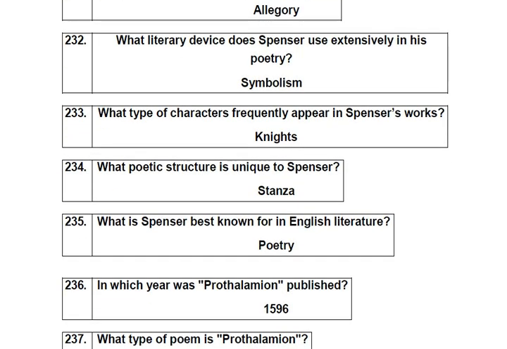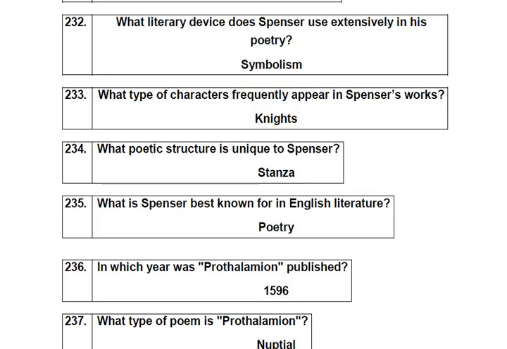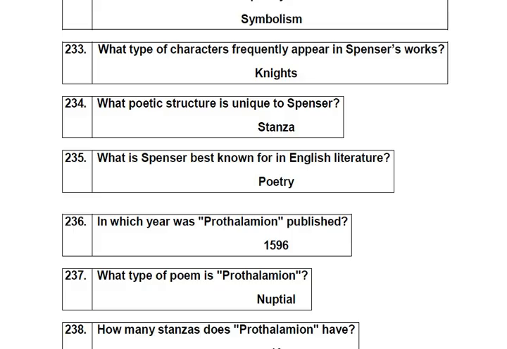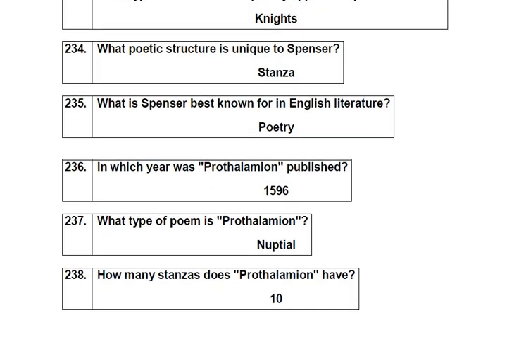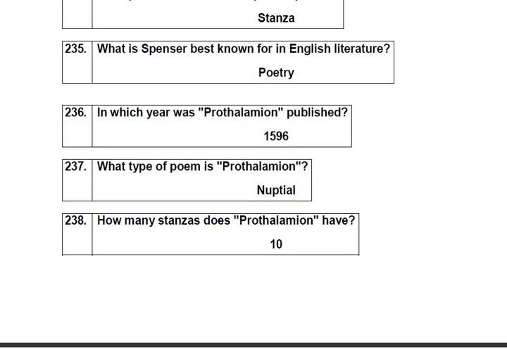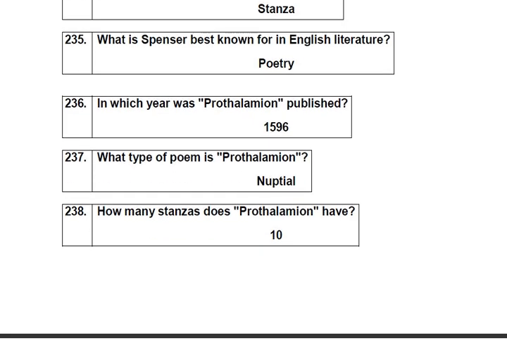What literary device does Spenser use extensively in his poetry? Symbolism. What type of characters frequently appear in Spenser's works? Knights. What poetic structure is unique to Spenser? Stanza. What is Spenser best known for in English literature? Poetry.